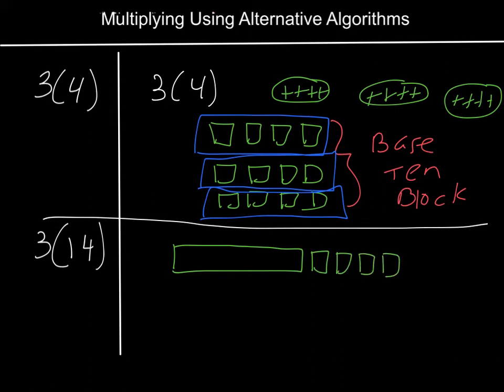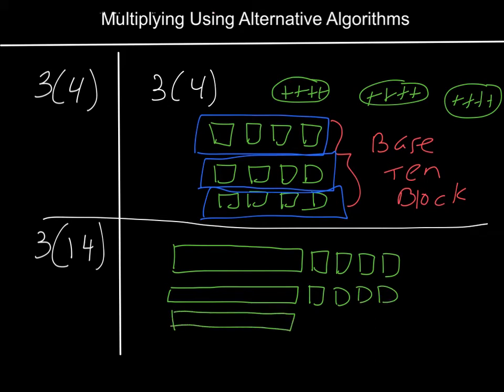And that would be one group. And then we'd have a second group that's the same as that, a long and 4 units. And again, this is of course in base 10. We're not talking about multiplying in other bases right now. So this is in base 10. So that would be an example of 3 groups of 14.